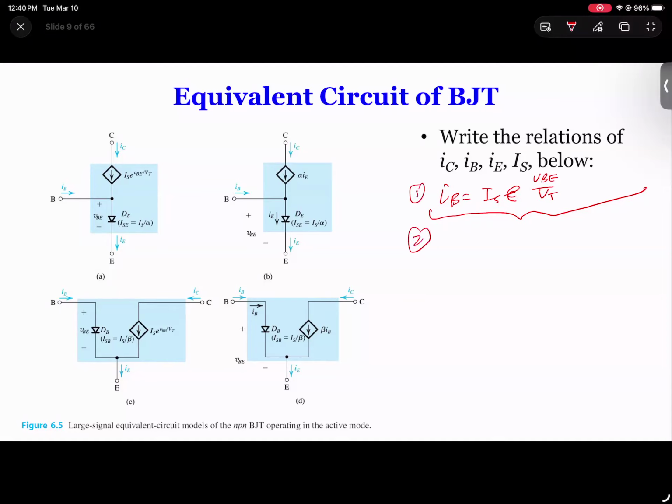And secondly, once IB is calculated, we can find IC as beta times IB. So what we are saying here is IC is a current, but it's not a current by itself. It's a current controlled by IB, and the ratio is multiplied by beta. So if I write IB as a current source, I can write IC as another current source.